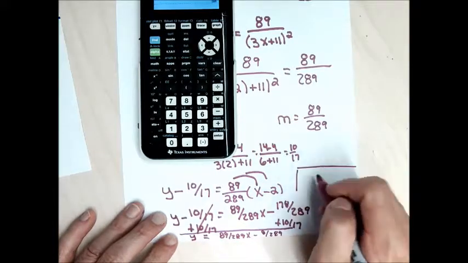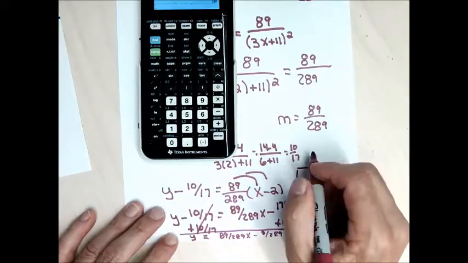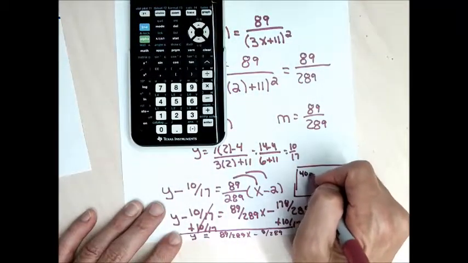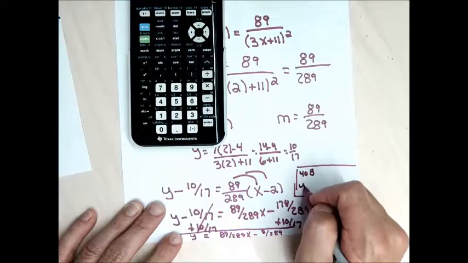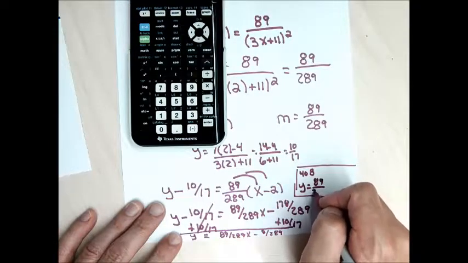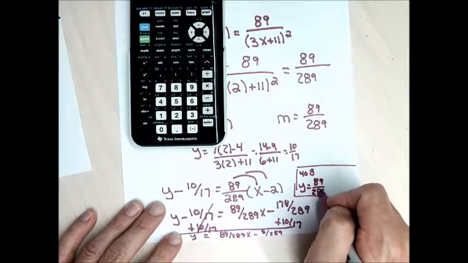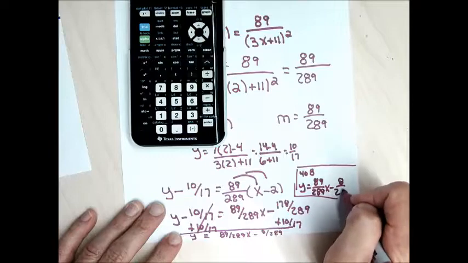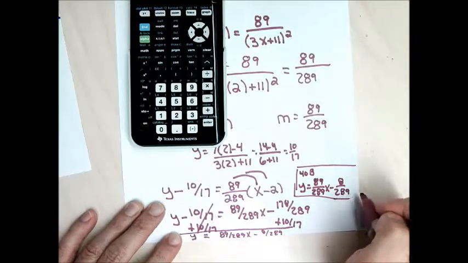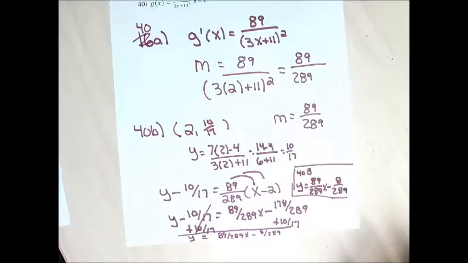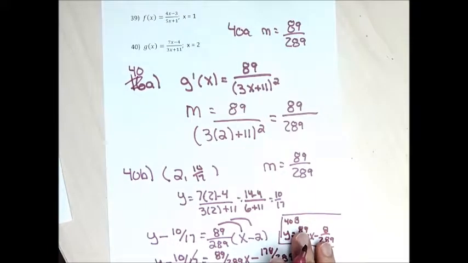So the answer to part B, for 40b, the equation I'm going to get is y equals 89 over 289x minus 8 over 289. Yuck. So your problem 39 is probably equally ugly, but give it a go.